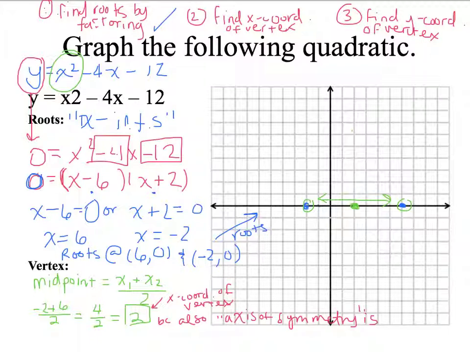So where x equals 2, every single coordinate that has a 2 in the x position is going to be located along our axis of symmetry, which I'm tracing right now. And visually, if you were to look at that, you can see, oh yeah, that would definitely be the middle. We now know that our vertex has to be somewhere on this, and again, the reason for that is our vertex needs to be perfectly symmetrical.